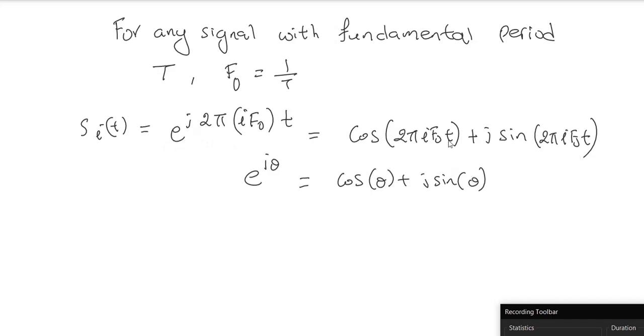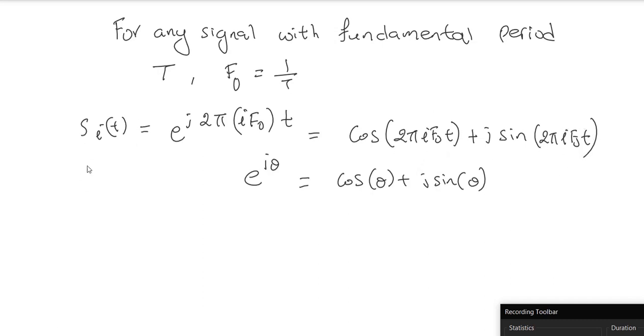Note that this is cosine plus j sine. And for each of these cosine and sine, the frequency is i times the fundamental frequency. So if i is 0, you get just a signal which is 1. If i is 1, you have the fundamental cosine plus j times the f0 sine. If i is 2, you have the 2 times the fundamental frequency cosine, 2 times the fundamental frequency sine, and so on.